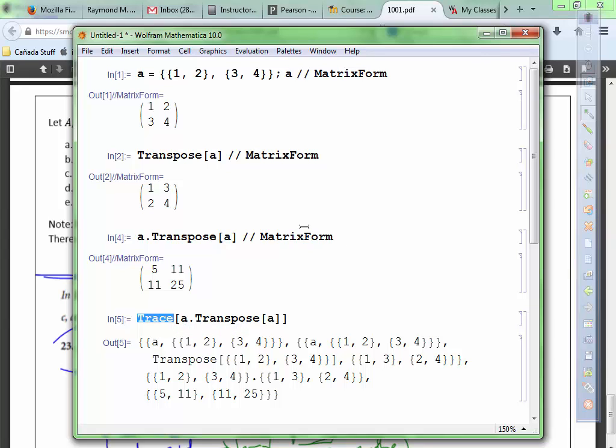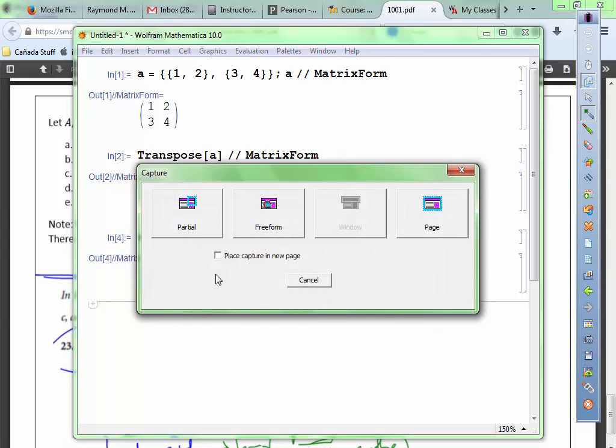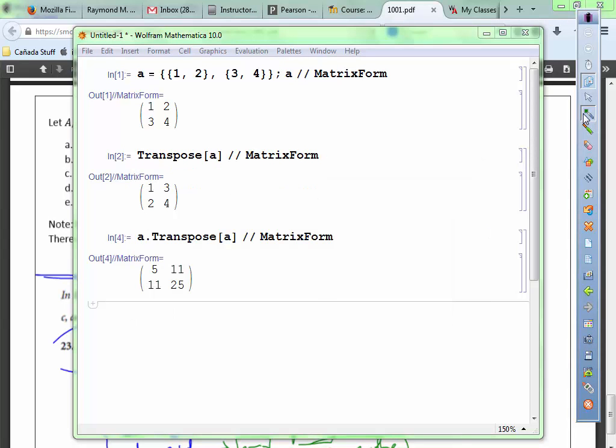Oh, well, we don't need to do that. So A times A transpose in this case is 5, 11, and 11, 25, and then the trace is 30, right? So what's 1 squared plus 2 squared plus 3 squared plus 4 squared? Did you guys do that one? That's equal to 30 also. So it worked out.